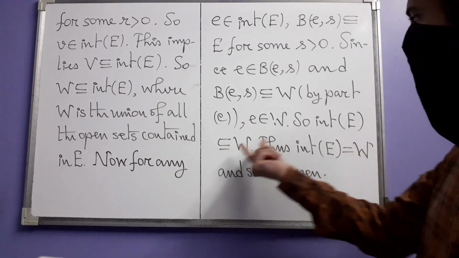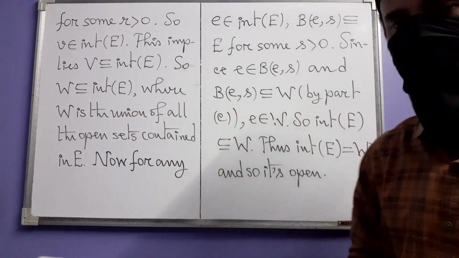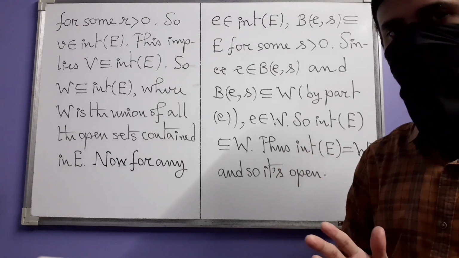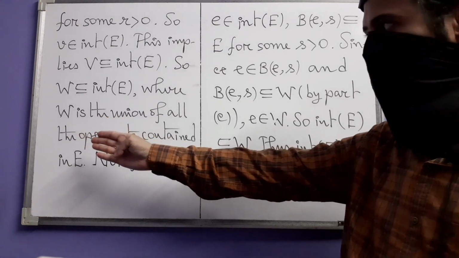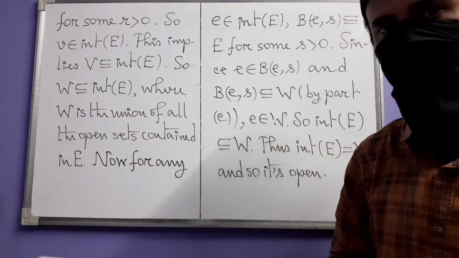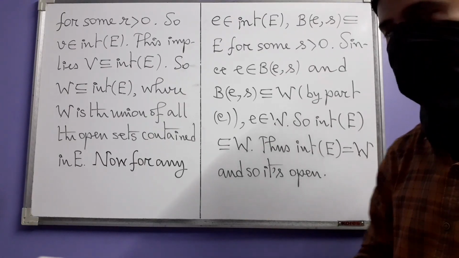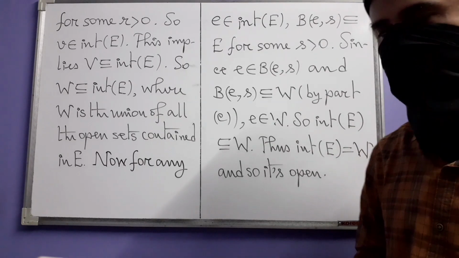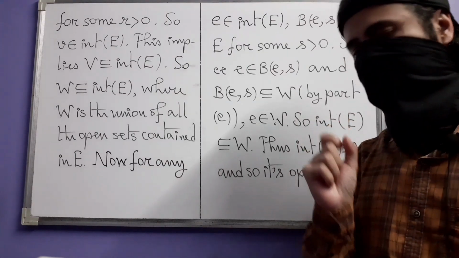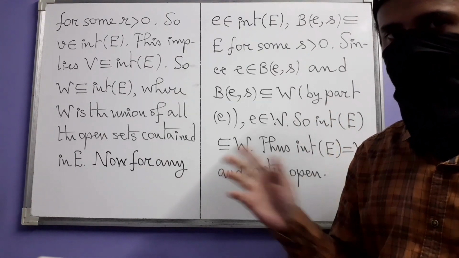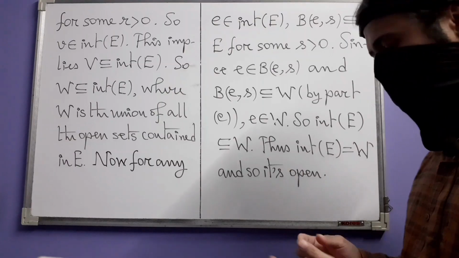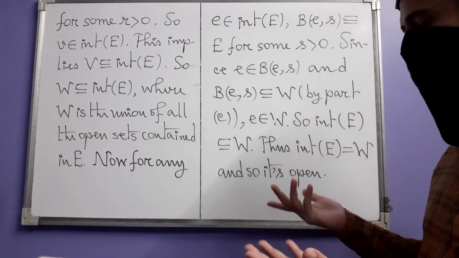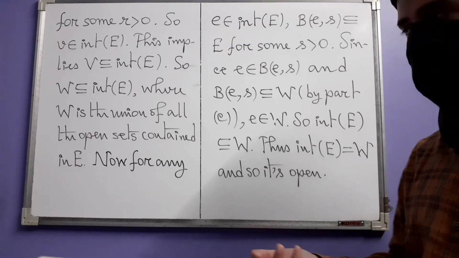Now if you combine this containment and that containment, you get the fact that the interior of E is equal to W. But as I said just now, W is open, being a union of open sets. The interior of E now itself becomes open. And already we know another fact, even before doing these things, that the interior of E is itself a subset of E. So what do you conclude from all this?